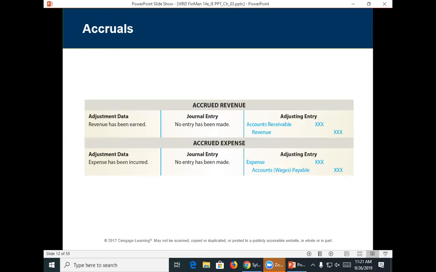Expenses get debited when we incur an expense, revenues get credited. Remember that as you're doing your adjusting entries. If you're dealing with revenue, revenue is always going to be the credit account. If you're dealing with expenses, expenses will always be the debit account. So with journal entries for adjustments, you should at least have half of it going in.